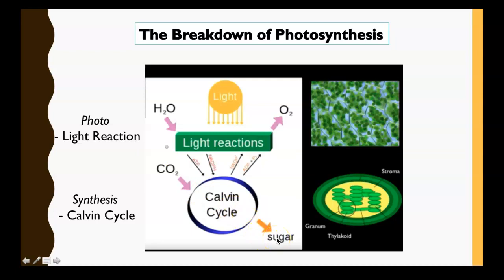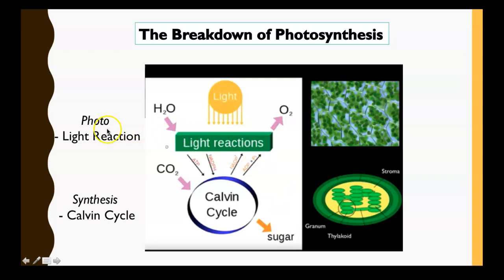Okay, so essentially by going through the light reaction, we produce the two reactants for the Calvin cycle along with carbon dioxide to produce sugar, aka glucose, which the plant is then going to use in cellular respiration to make ATP or energy for itself.